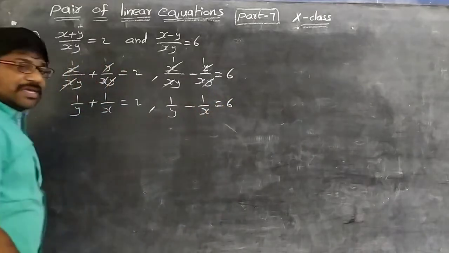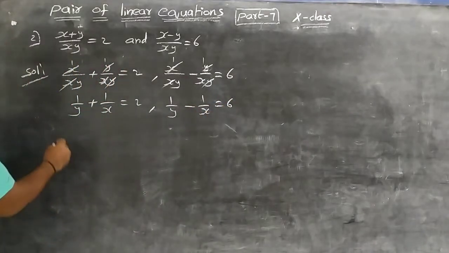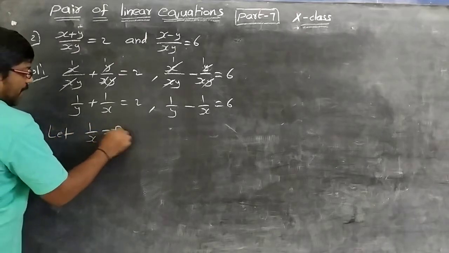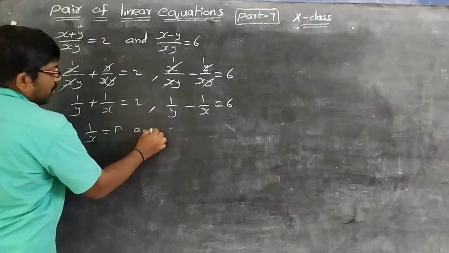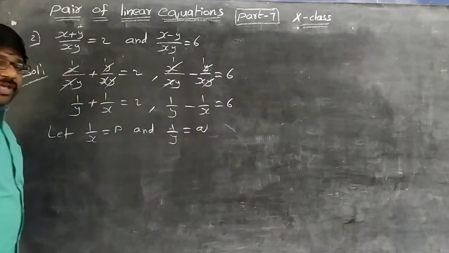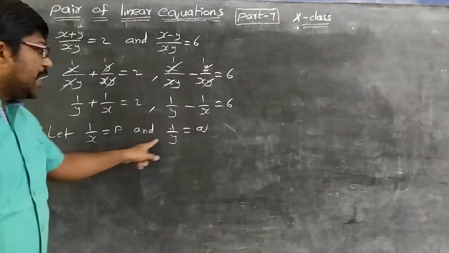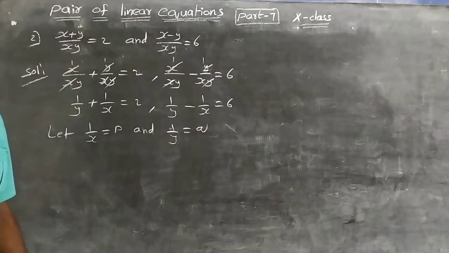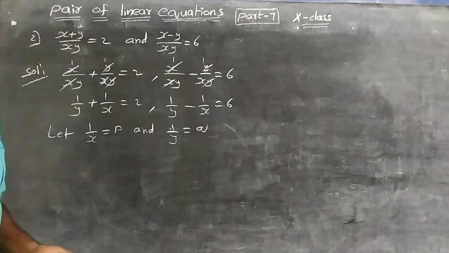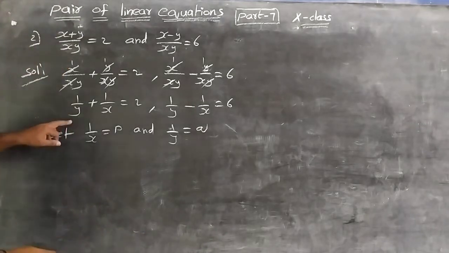Now let 1 by x be p and 1 by y be q, right? Substitute 1 by x equal to p and 1 by y equal to q. So as usual we have to follow the previous problem, right? The process is same.